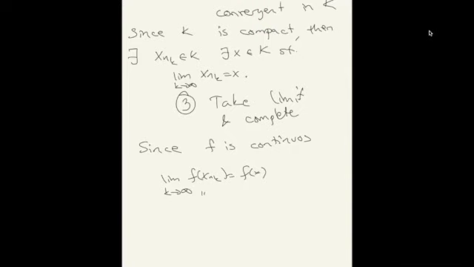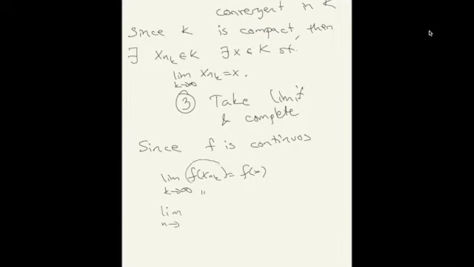This is a limit of real numbers, so this limit is the same thing as the limit of the full sequence f(x_n). And this was the infimum over all the points in K of f(x). Now there's a slight abuse of notation here, as I'm using x for this fixed value and x for the arbitrary points. So let's fix that by adding a little asterisk here. That way we don't abuse notation in this proof.